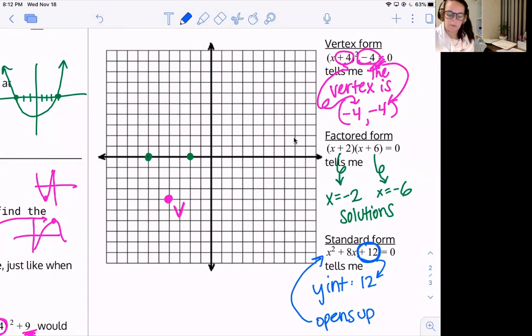Opens up like a cup because it is a positive graph. So I'm going to count up 1, 2, 3, 4, 5, 6, 7, 8, 9, 10, 11, 12. So even off my graph, here's 11, here's 12. Just like that. And I know that it opens up.